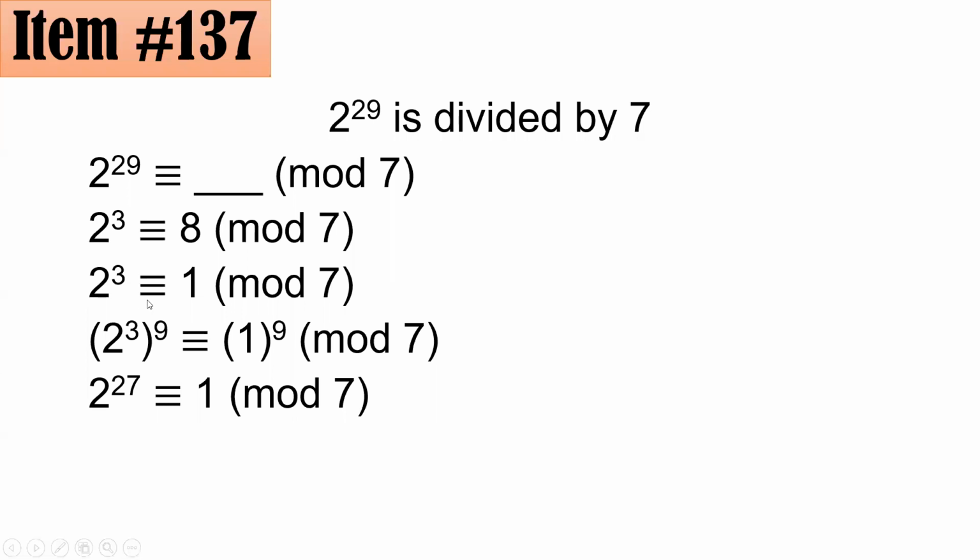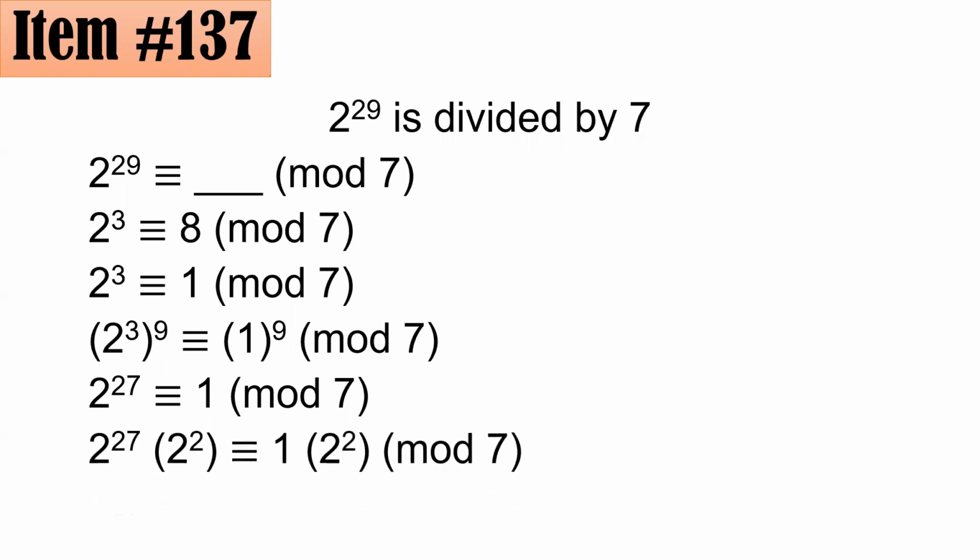Then, remember, ang goal po natin ay 2 raised to 29. Pero ang nakamit po natin ngayon ay 2 raised to 27. We should multiply both sides by 2 squared para ma-reach po natin si 2 raised to 29. And the left side simplifies to 2 raised to 29. At saka yung 1 times 2 squared ay magiging 4 po, mod 7.